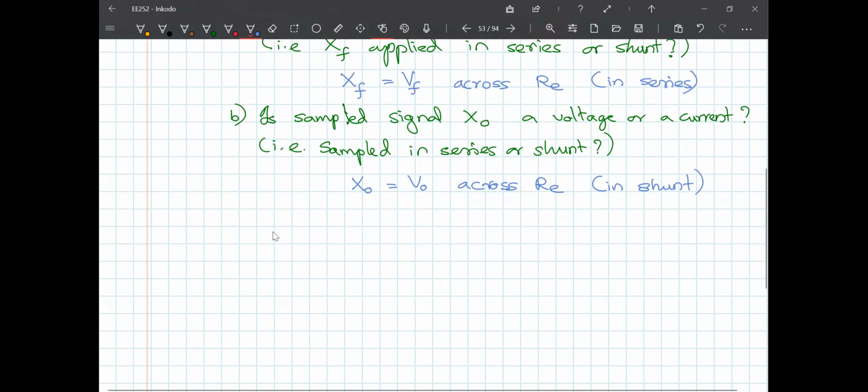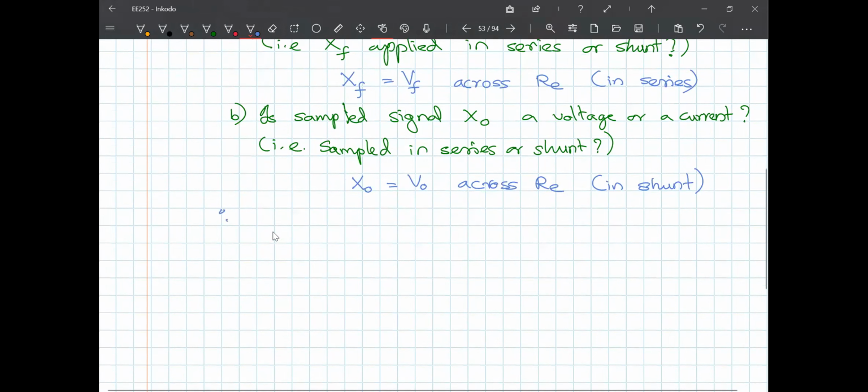Therefore, this is a voltage series example. The output is a voltage, you apply it in series as the feedback signal. This is the feedback topology.